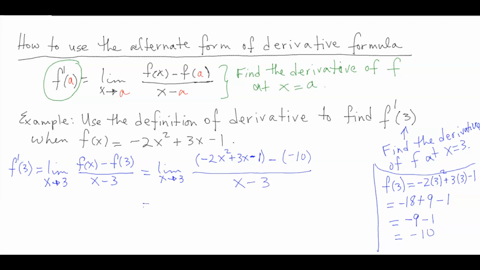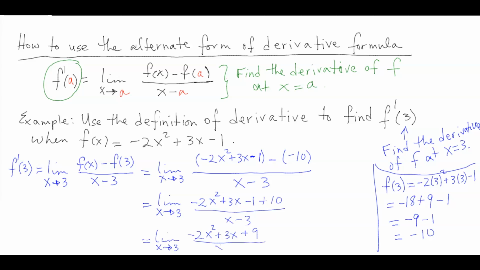Alright, well, this is equal to the limit as x approaches 3 of negative 2x squared plus 3x minus 1 plus 10 all over x minus 3, and the numerator is negative 2x squared plus 3x plus 9 over x minus 3.